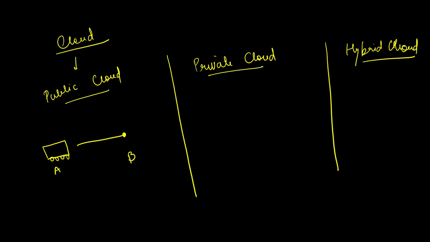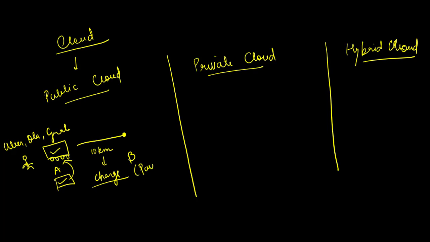What you will do is use transportation services such as Uber, Ola, Grab, relevant to your company, right? Any transportation service with which you will get a driver who owns a car, and all you have to do is make a booking online, and you use the service to travel from A to B, the 10-kilometer distance, and whatever the charges are, you pay for that. So it is also called pay as you go. How much you use, you pay for that much.